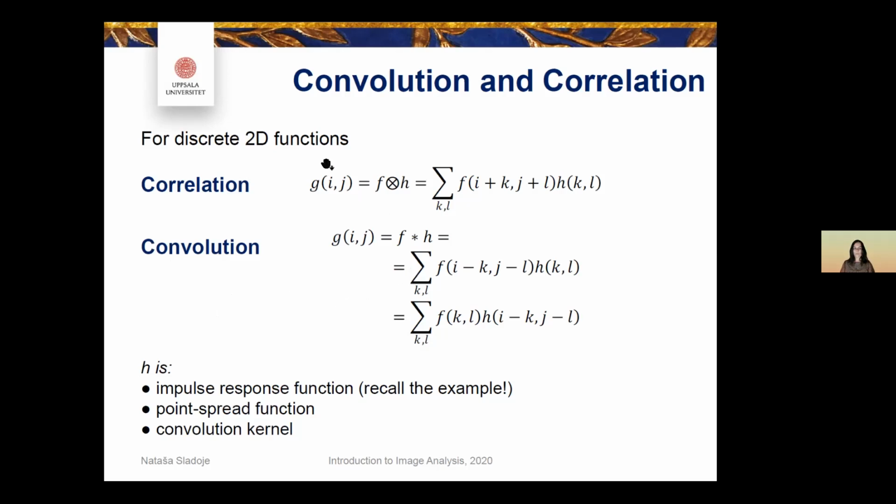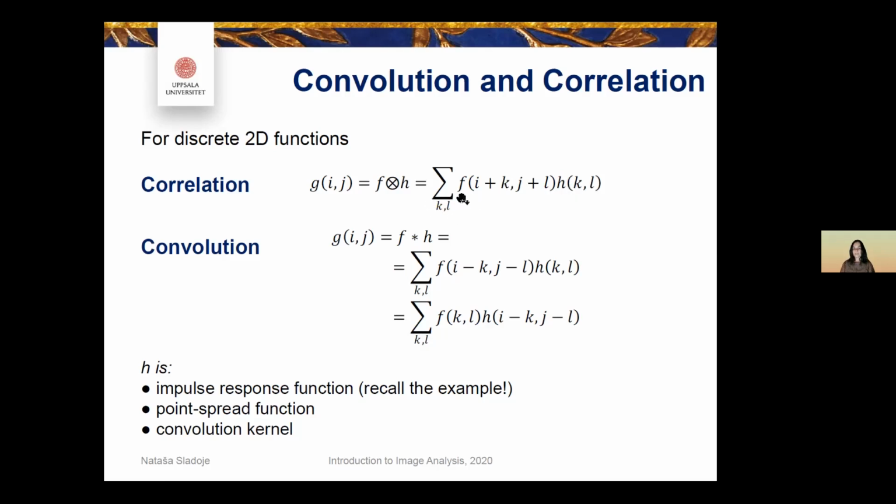convolution look as follows. So the output in both cases, named G, by correlation of a function f by, we can say, a function h, or a kernel or a filter h, is computed as the sum of products of function values and kernel or filter values, where the coordinates of the kernel are actually those that we defined as relative positions in the filter with respect to the central pixel, so those -1, and so on.